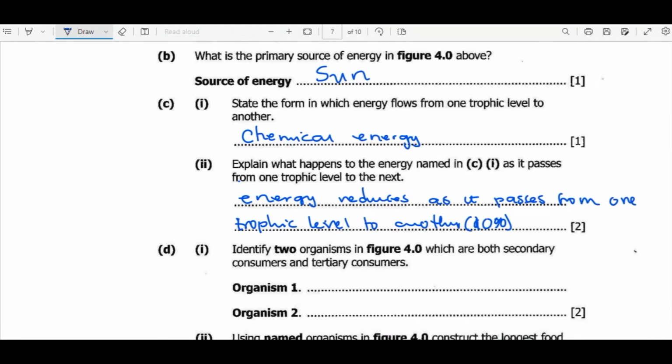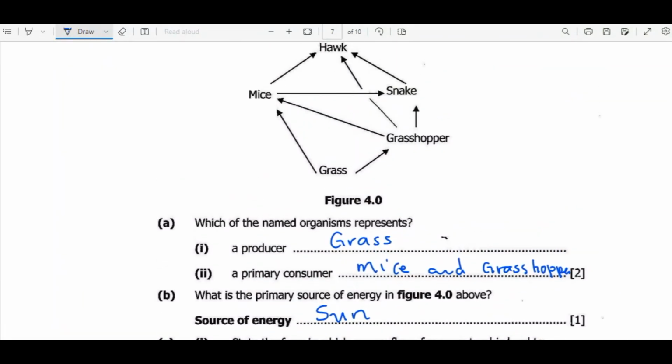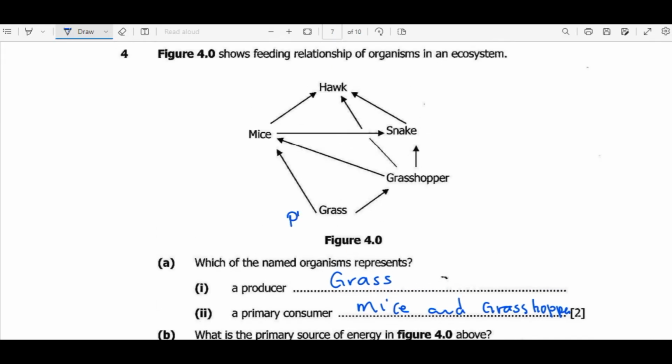Then D1, identify 2 organisms in figure 4.0 which are both secondary consumers and tertiary consumers. So both secondary and tertiary. So we have producer. Then here we have, this is a primary, so this can be a secondary. Then this is a tertiary.